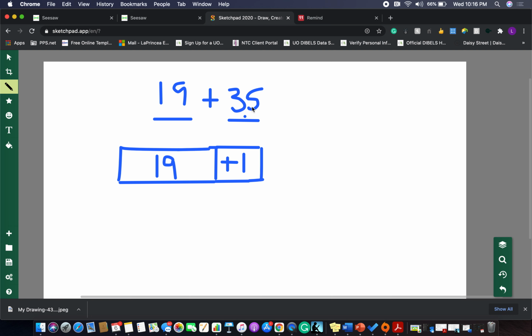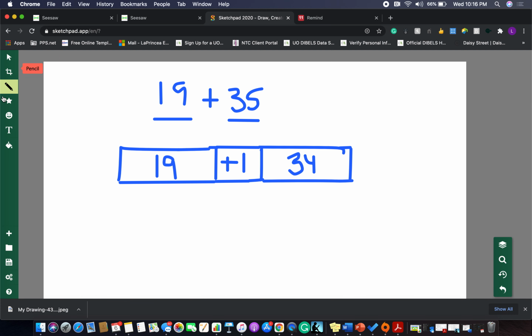And remember, I need to take away 1 from the 35, or else I don't have a balancing equation. So this is now 34 because I borrowed 1 from the 35 to make the 19 into a 20.